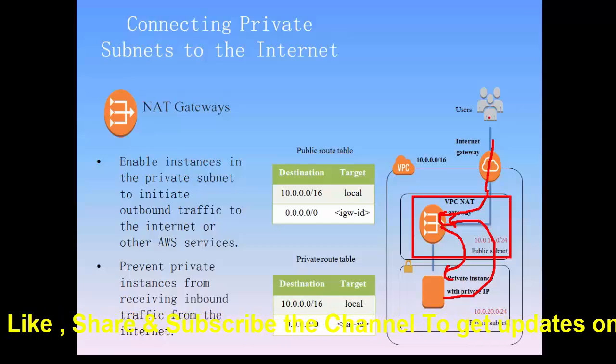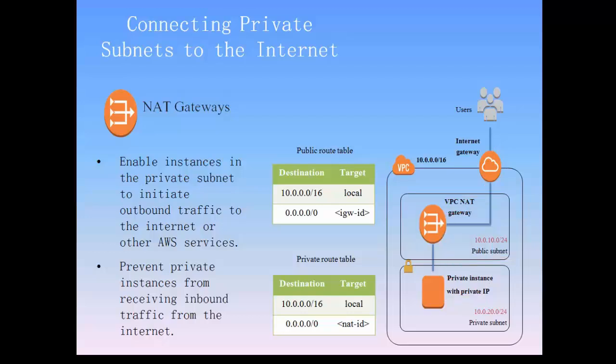If there is any unknown request from the internet, it will not allow traffic generated directly from the outside. But if any reply comes against a generated request, then it will forward it back to the EC2. Very much clear to you that a NAT gateway is always configured in the public subnet.